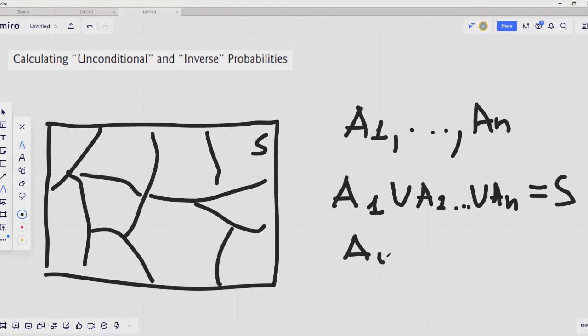In other words, the intersection of Ai with Aj is an empty set when i is not equal to j.